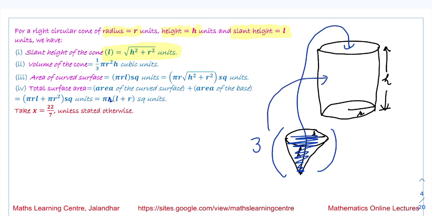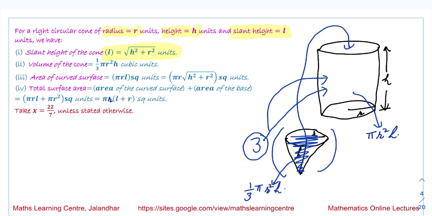We know the volume of the cylinder is pi r square h, and since 3 cones fill this cylinder, the volume of the cone will be 1 by 3 pi r square h. To remember the formula: to fill a cylinder we require 3 cones, or we can fit 3 cones in this cylinder.